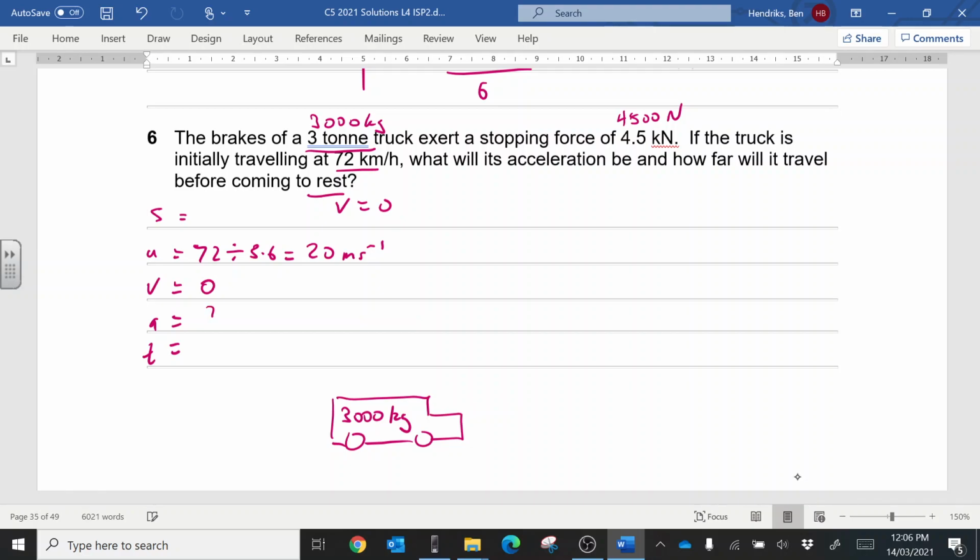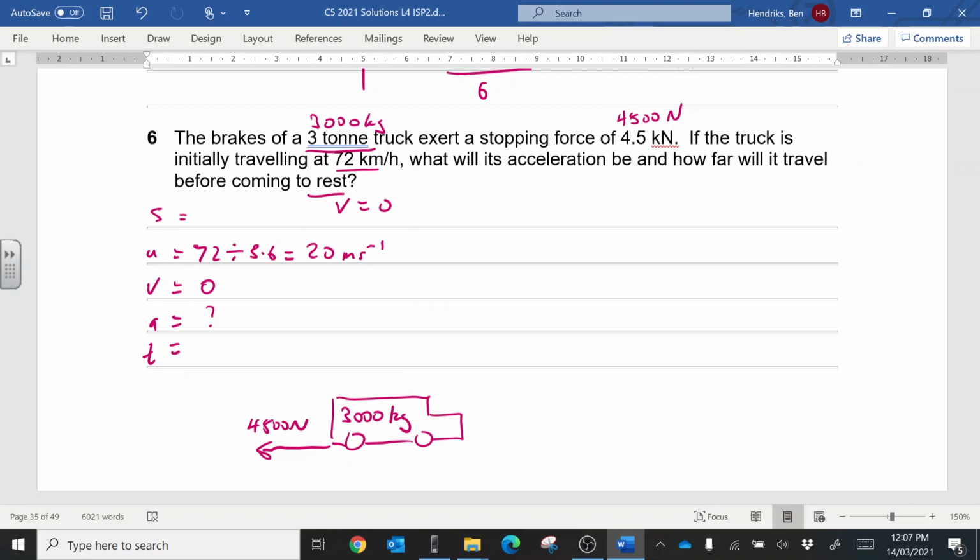Acceleration, we don't actually know what our acceleration is, because we've got our frictional forces acting this way. The brakes of a 3-ton truck exert a stopping force of 4.5 kilonewtons, so that's our 4,500 newtons going that way. The truck is initially travelling at 72. What will acceleration be, and how far will it travel?